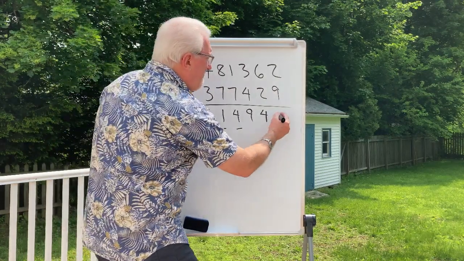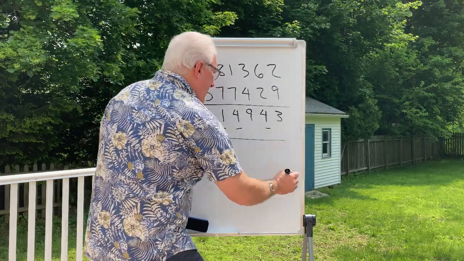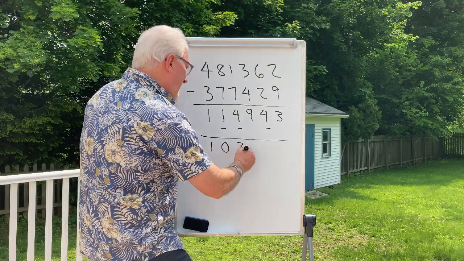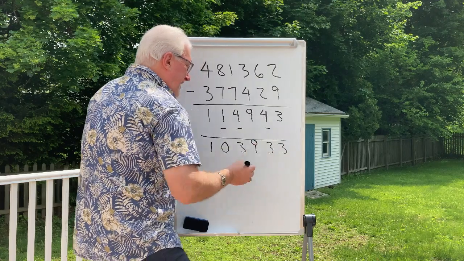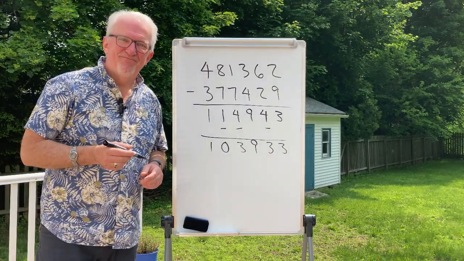Complement of 7 is 3. Little dash immediately to the left. For a total of 1, 0, 3, 9, 3, 3 as a final answer. Pretty cool.